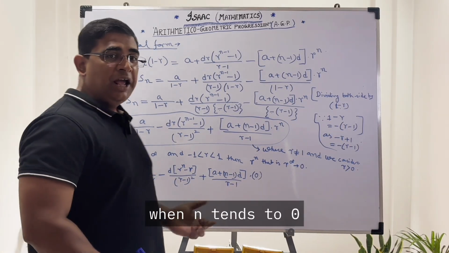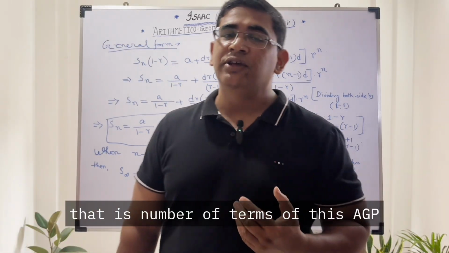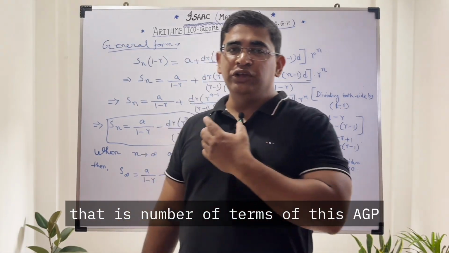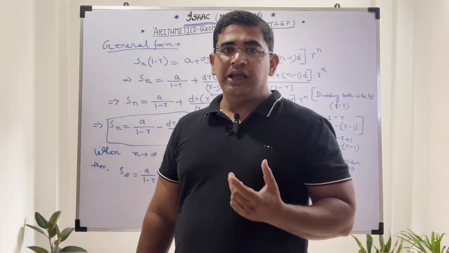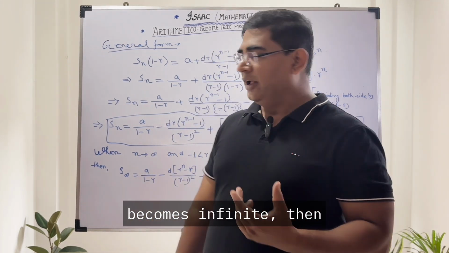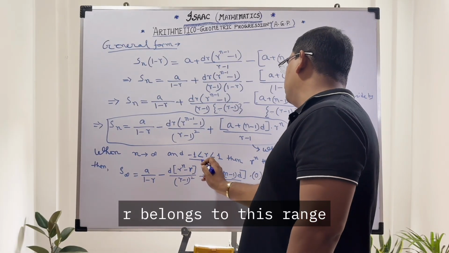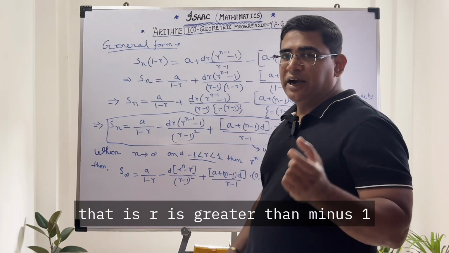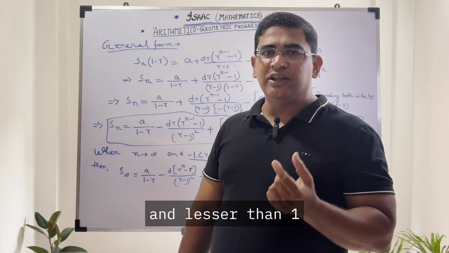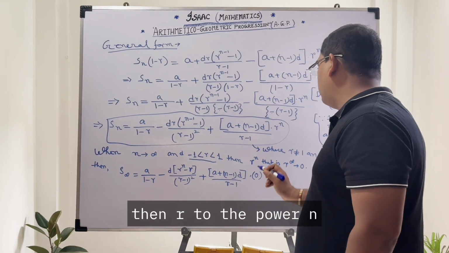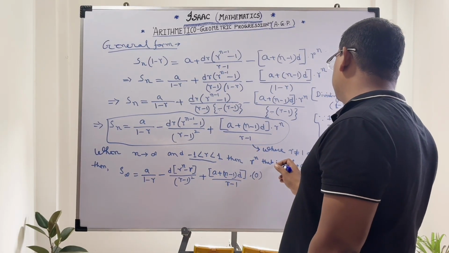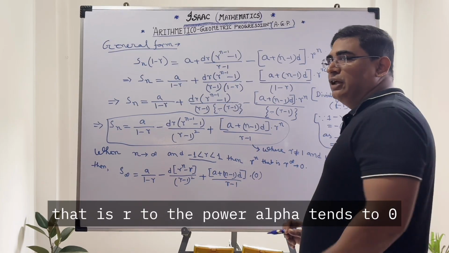So when n tends to infinity, that is, the number of terms of this AGP becomes infinite, and r belongs to this range, that is r is greater than minus 1 and lesser than 1, then r to the power n, that is r to the power infinity, tends to 0.